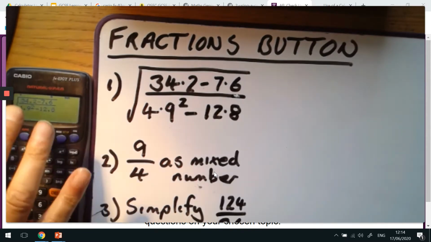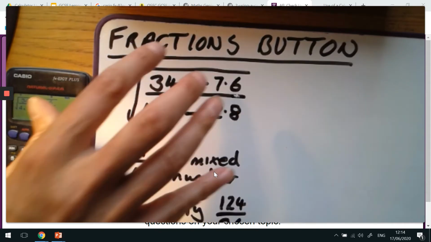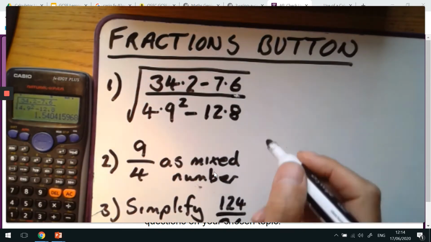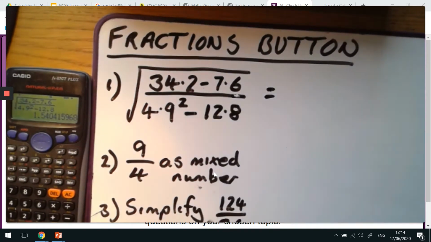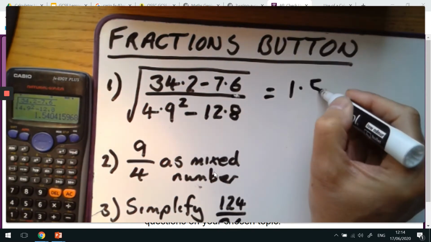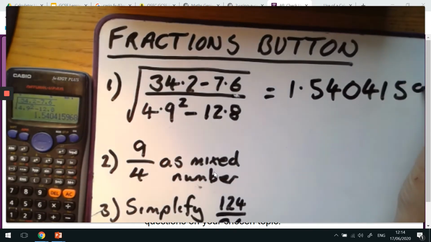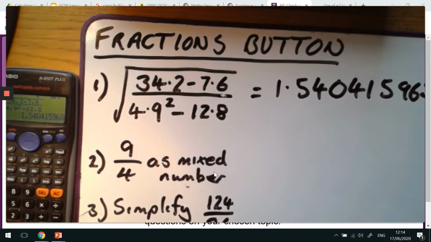So I can see on my calculator exactly what the question is. We then press the equals button, and I've got 1.54041596... Gone off the screen a little bit, but never mind.